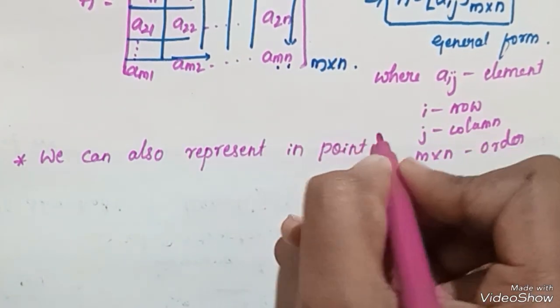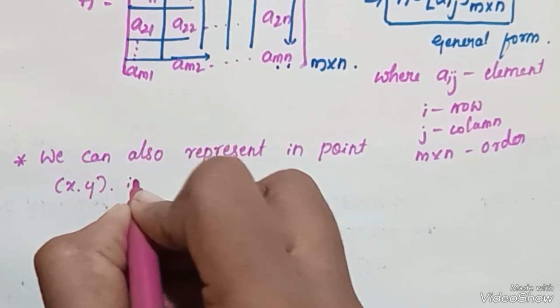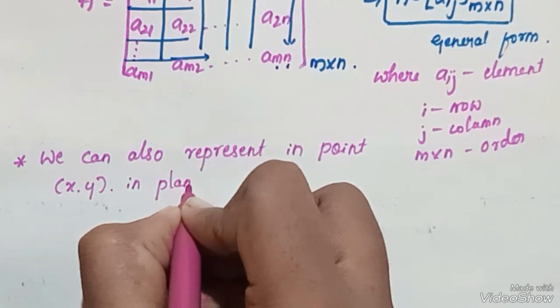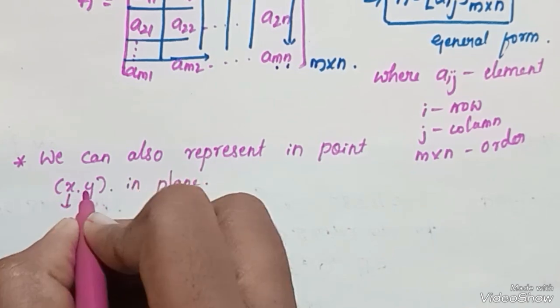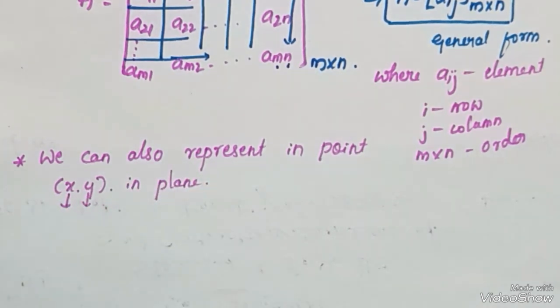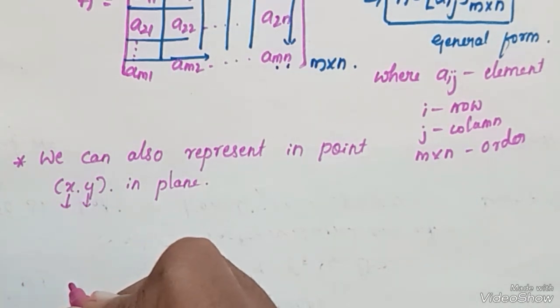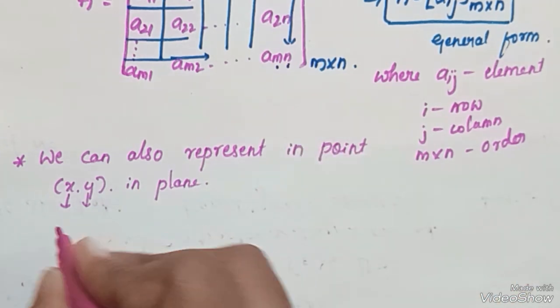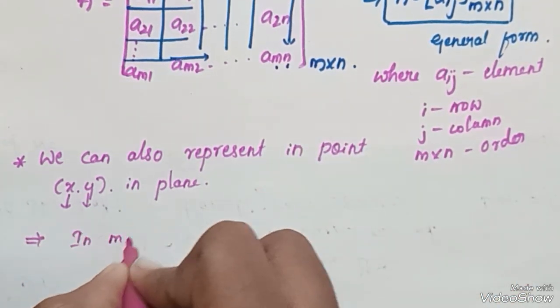We can also represent any point x comma y in a plane, where x is on the x axis and y is on the y axis. But in a matrix we express it in rows or columns.